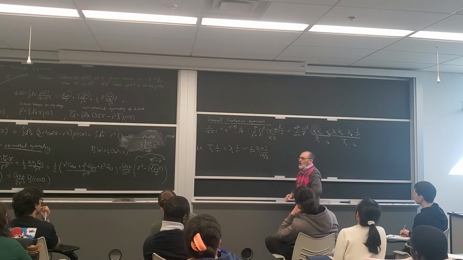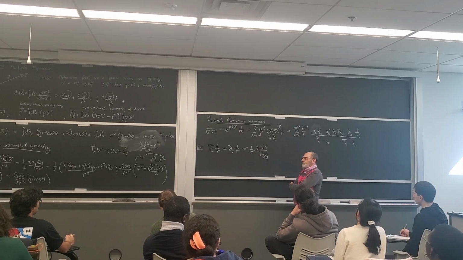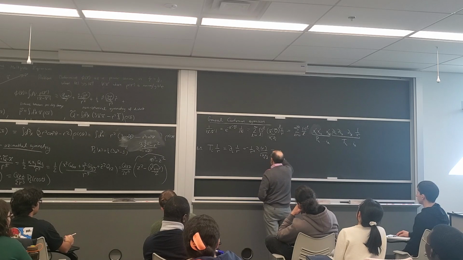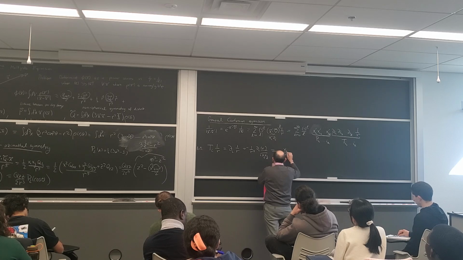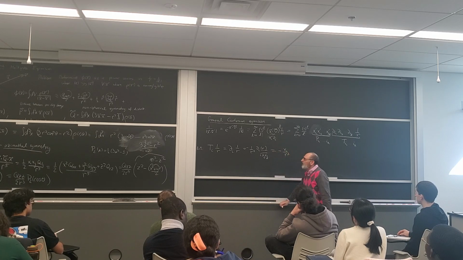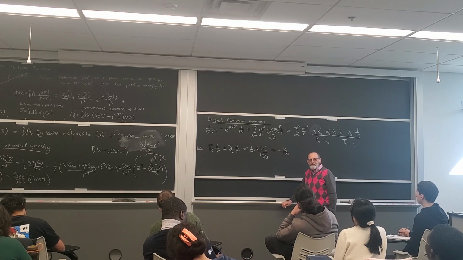And when I do that, what do I get? x_i over r, right? Okay, so that's what that is.